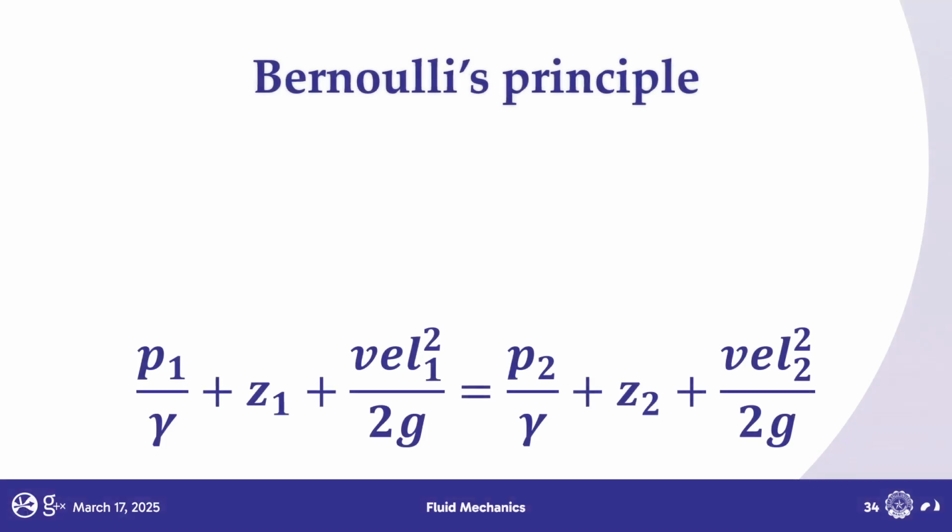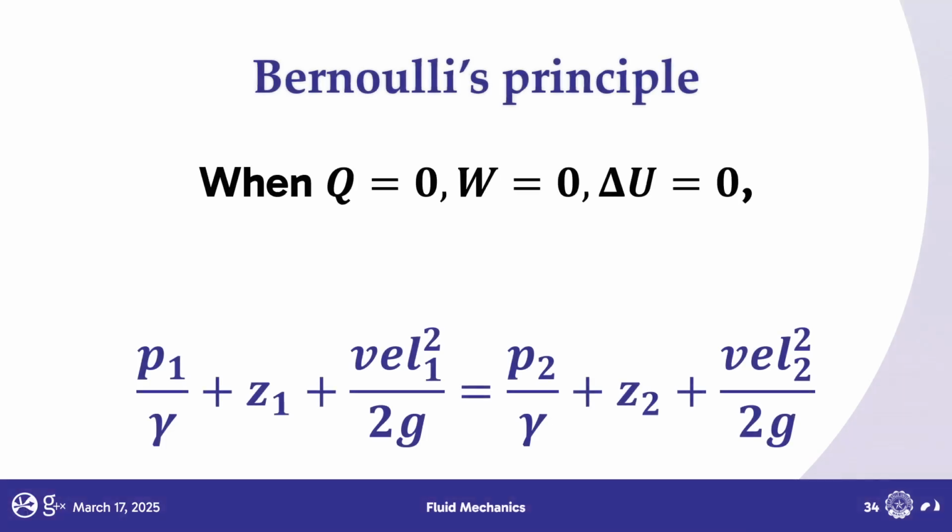And if we're being very dramatic here, if your heat transfer and work transfer are both zero, aka when no heat is transferring into or out of the pipe and nothing is moving in the pipe, there's no vibration, there's no shaft rotating, there's no compressor, there's no pump, there's no turbine, no nothing. And because there's no heat transfer, the temperature of the pipe will not change.